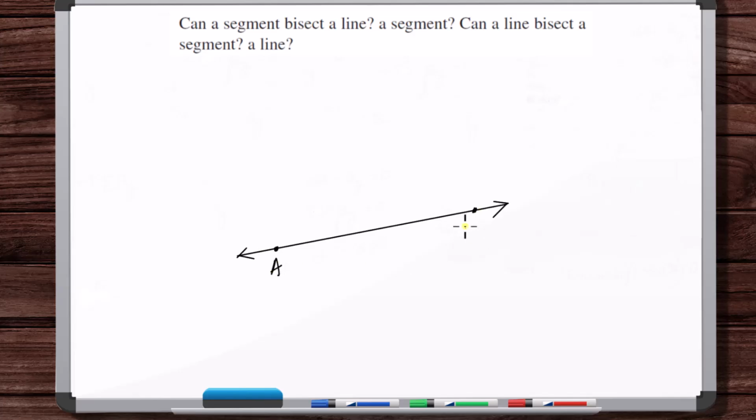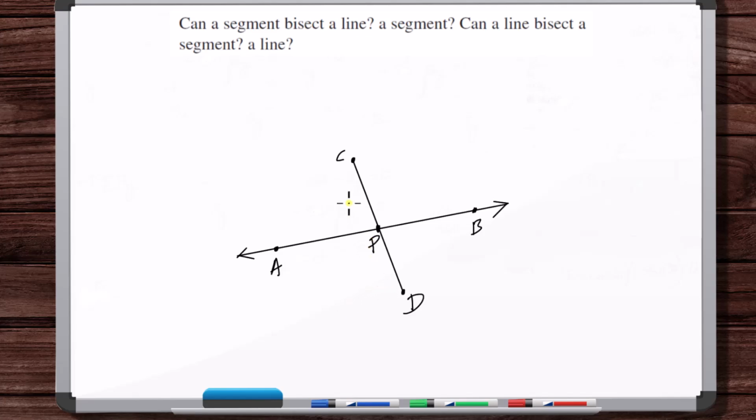So let's say line AB. Now, let's put a segment, randomly oriented, so this would be CD, bisecting this line. Can that happen? So this would be point P.